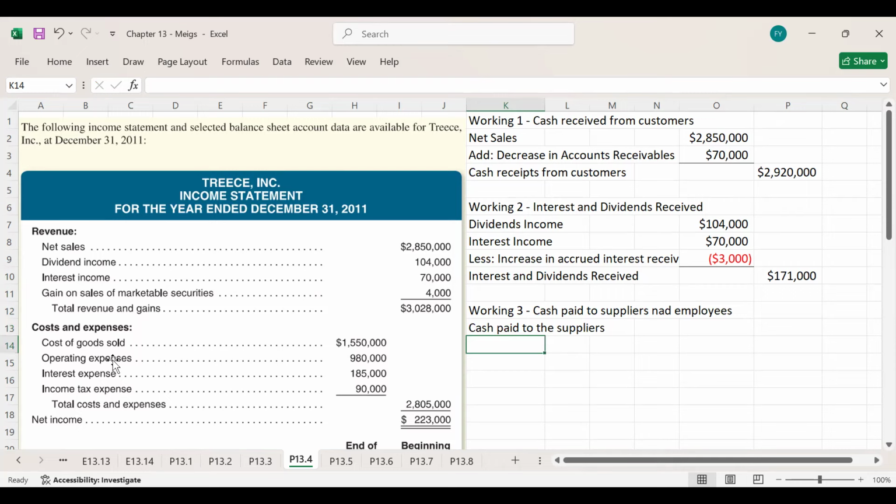The starting point is the cost of goods sold. So if we take cost of goods sold here, which is $150,000. Then in cost of goods sold, first we will adjust any increase or decrease in the inventories.